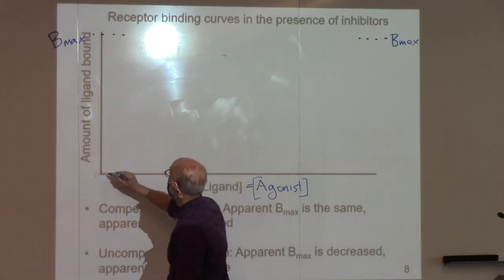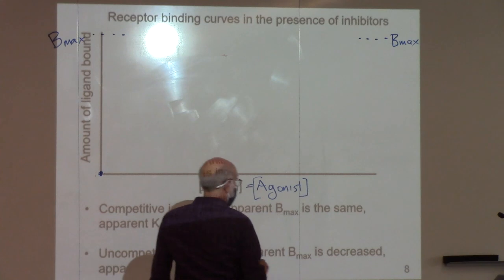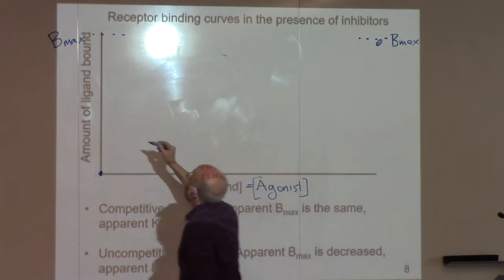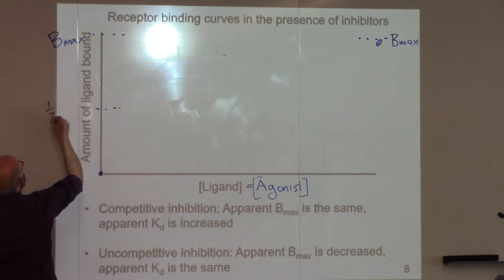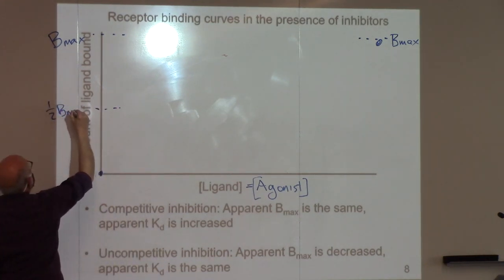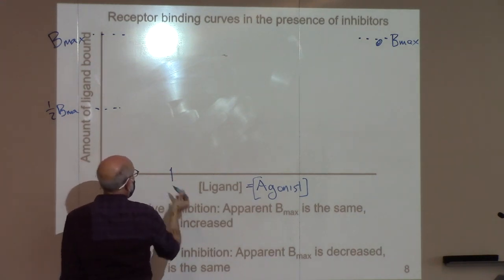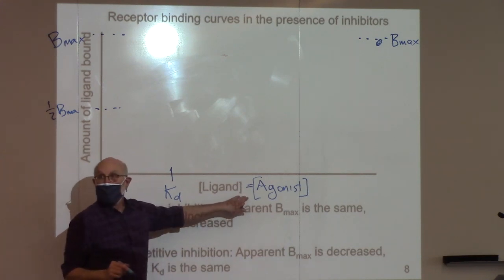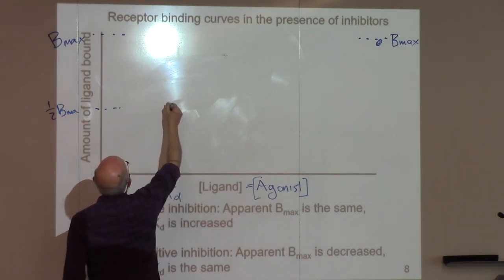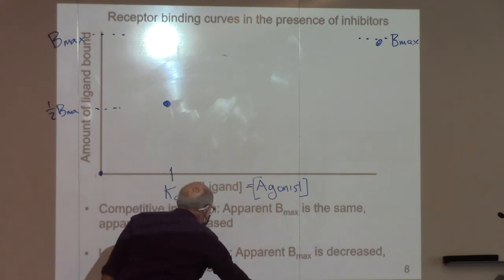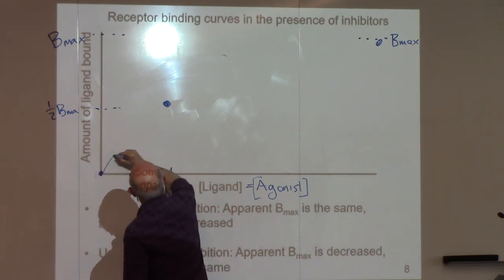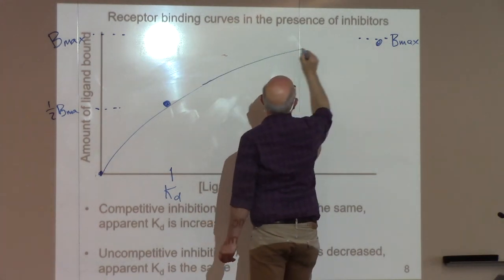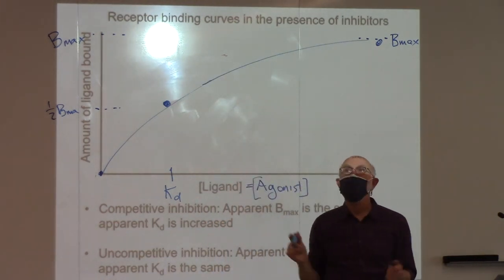We start here, we end here. We've got a half, and we've got some KD for the binding of the agonist. At the KD, we get 1/2. So we have a rectangular hyperbola, the name of the mathematical function. No inhibitor.